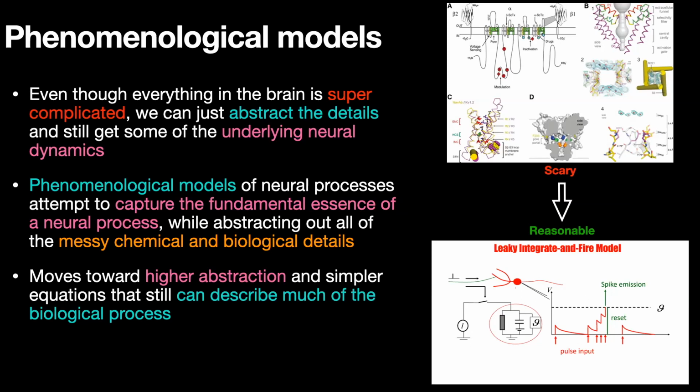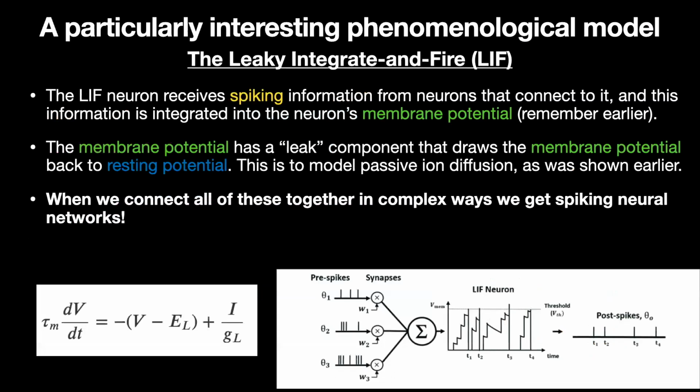A particularly interesting model, which we have probably looked at before, is the leaky integrate-and-fire neuron. What the leaky integrate-and-fire neuron does is it receives spiking information from neurons that connect to it. And this information is integrated into the neuron's membrane potential. This membrane potential has a leak component, which basically means it stores all the information, but this information slowly goes back to zero over time.